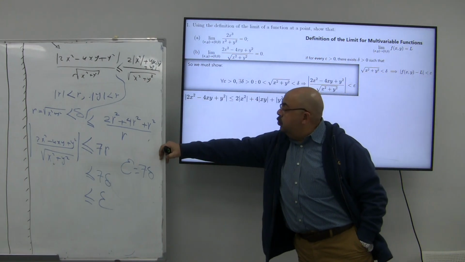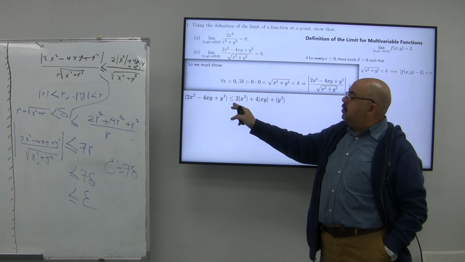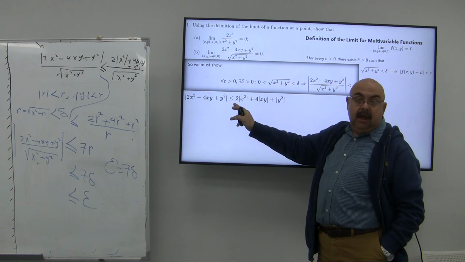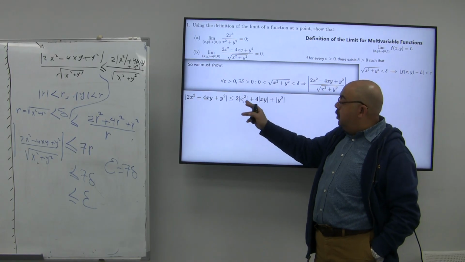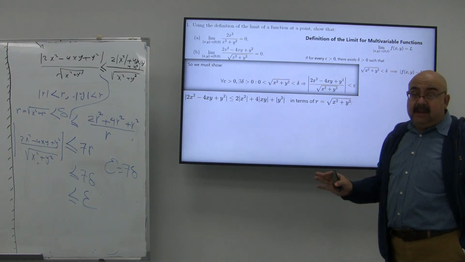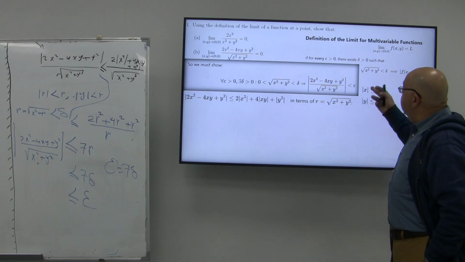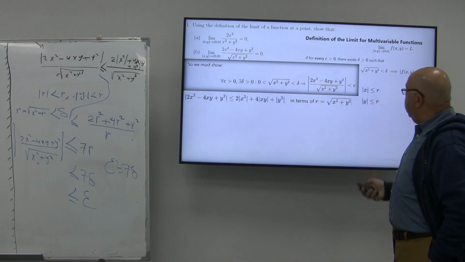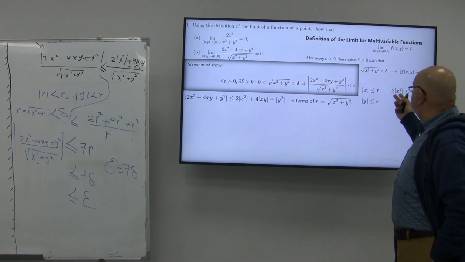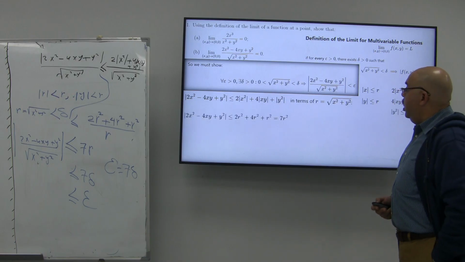So once more, as I told you, here we go. This is 2x squared minus 4xy plus y squared. Once you start taking the absolute value, it's going to be less than or equal to 2x squared, 4xy, and y squared. All this makes complete sense, as r is equal to the root of x squared plus y squared, the absolute value of x is less than r, the absolute value of y is less than r, and the absolute value of 2x squared is less than 2r squared, and so on.